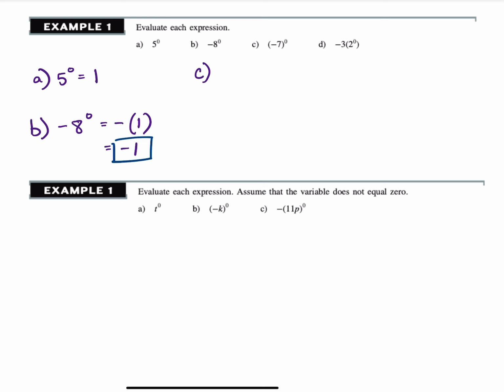For part C, notice the negative is inside the parentheses. So the 0 power is applying to negative 7. This will reduce to positive 1. So if the negative's on the outside, there's no parentheses, it keeps the negative. If it's inside, the negative is deleted.